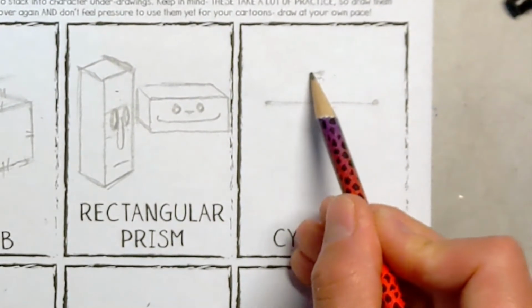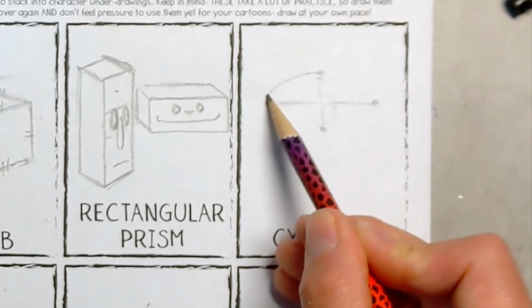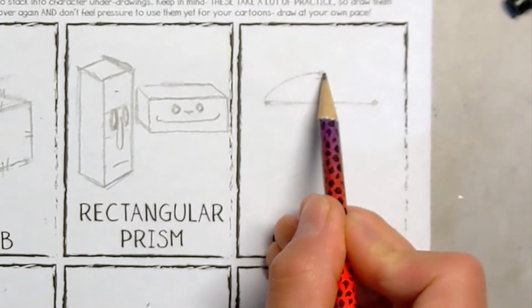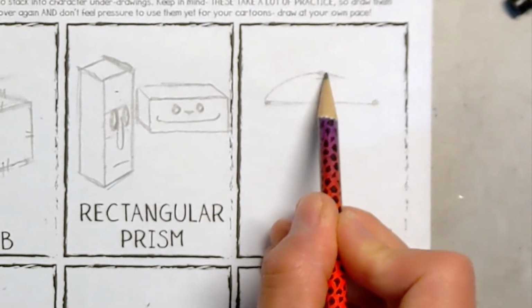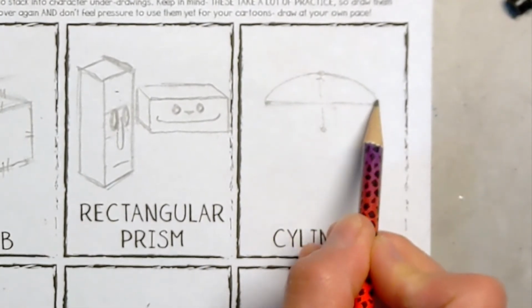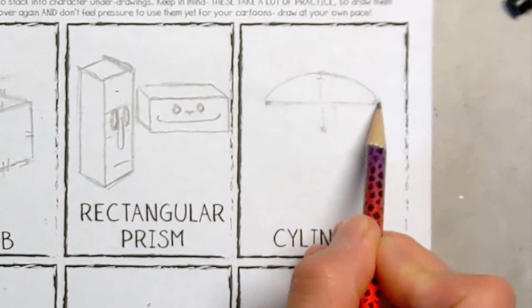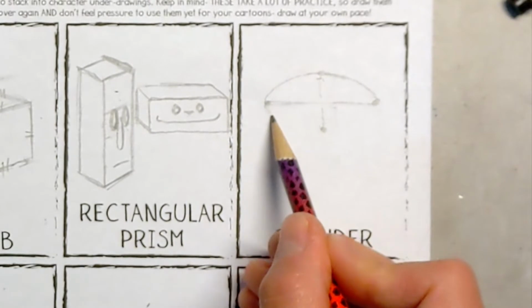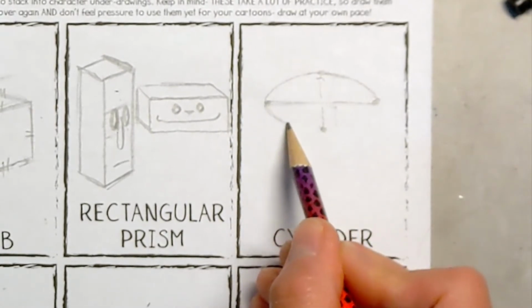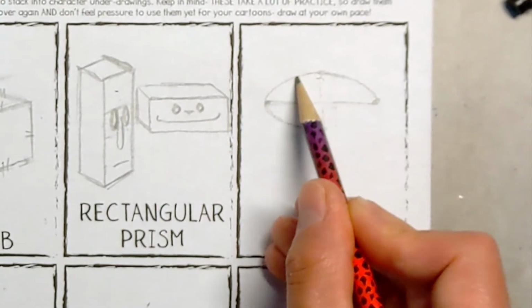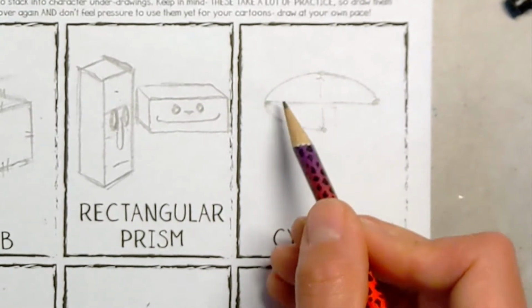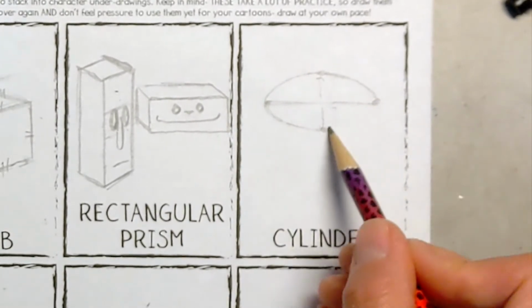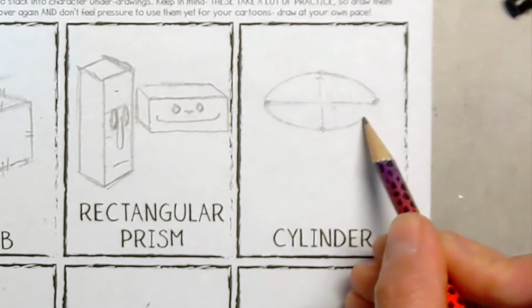Then I'm going to rope this down. And I'm going to create a curve that ropes down to this one, so connecting from one point to the other. And then from this side point, I'm going to curve down, making sure it's an opposite or reflected curve here and here.